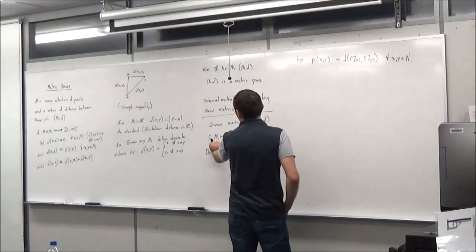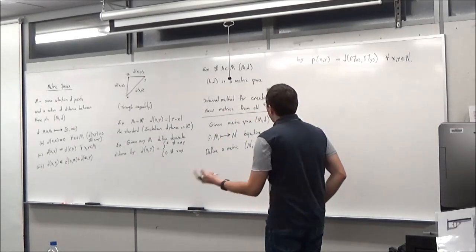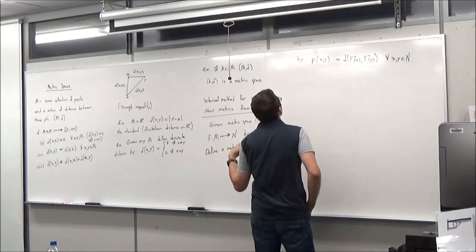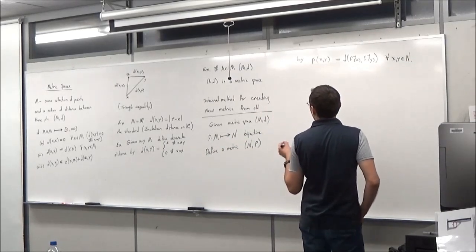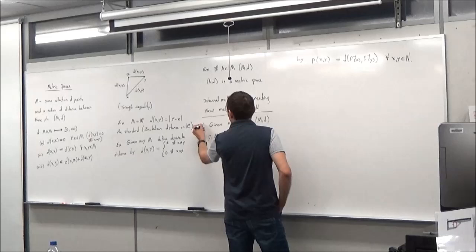In other words, if I have an injective map, I can then use that map to define metrics.